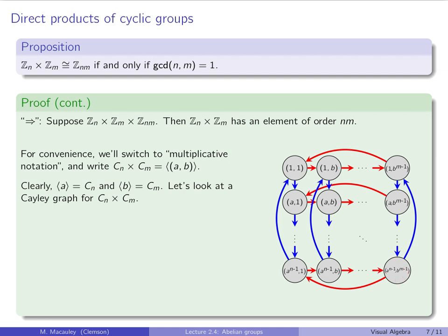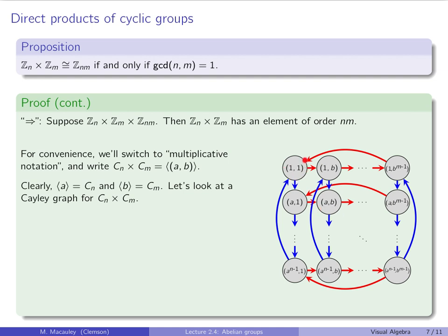There's no way I could do it additively. So if this generates Cn cross Cm, then a generates Cn and b generates Cm. So let's look at a Cayley graph for Cn cross Cm as I have here on the right. So the generators are (a, 1) and (1, b). And (a, b) is a generator.